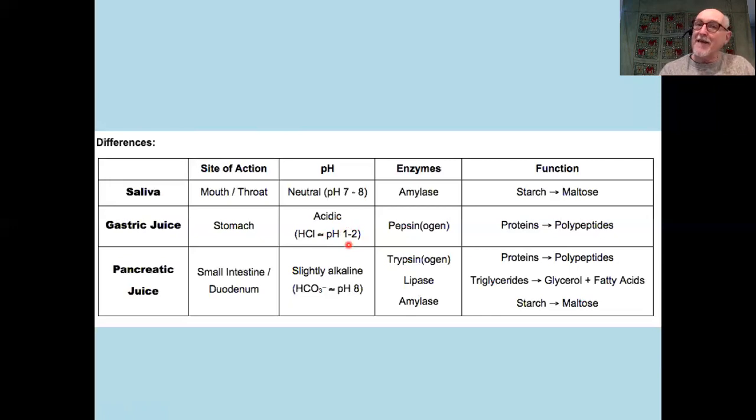And it's an amazing thing that this doesn't actually damage the tissues of the stomach. Instead, it's very important that the pH be low, because we also secrete in the stomach an enzyme called pepsin. It actually comes out as pepsinogen, but in the low pH of the stomach, it becomes active, and it's called pepsin.